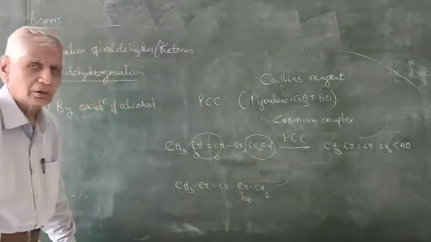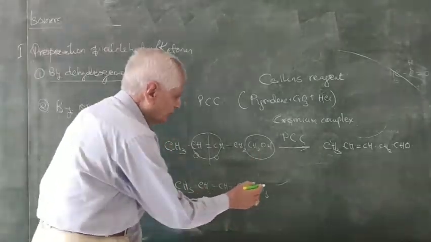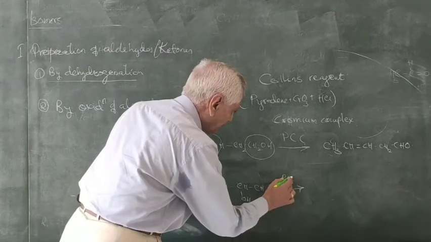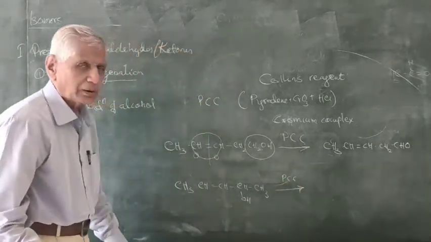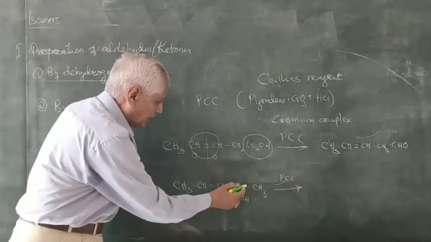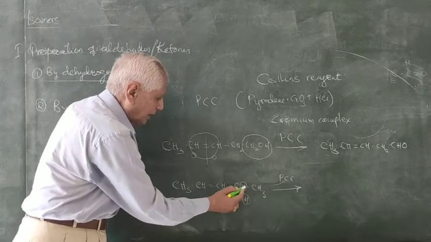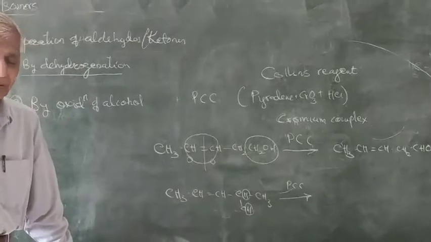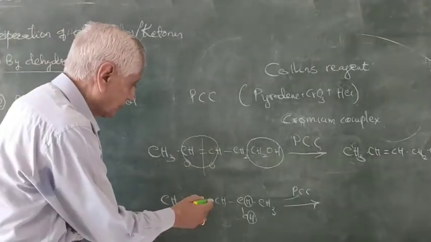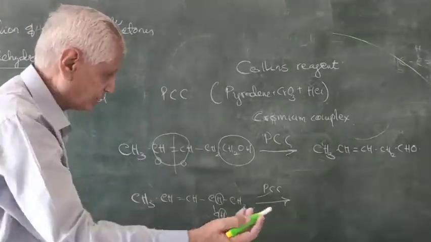CH2OH, secondary alcohol. So when this is treated with PCC, you will get the corresponding ketone. That's CH here, H of OH and H of alpha. Remember that. So you are getting CH3, CH, CO, CH3.